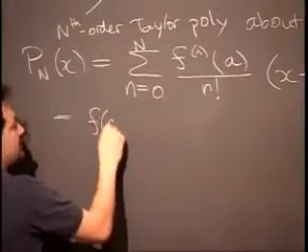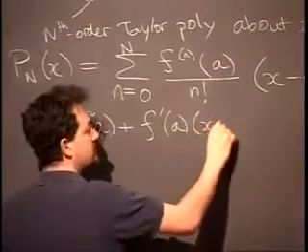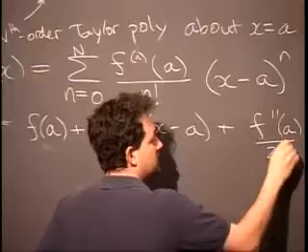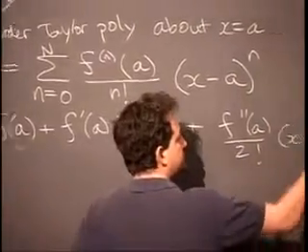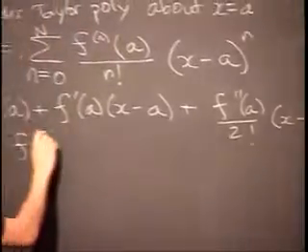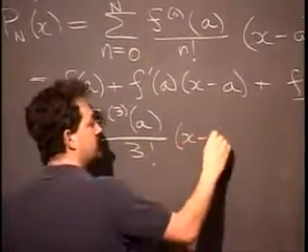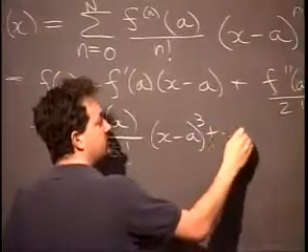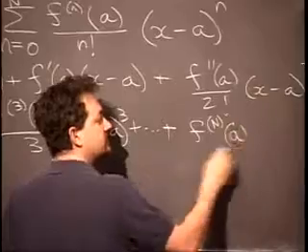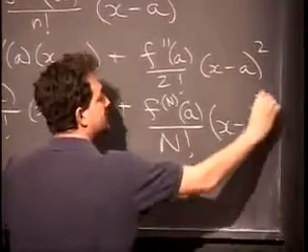It turns out the first few terms look a little bit different. I'll write out one more term at the beginning, the third derivative over 3 factorial. And this goes on up until the capital Nth derivative over capital N factorial times x minus a to the capital N.